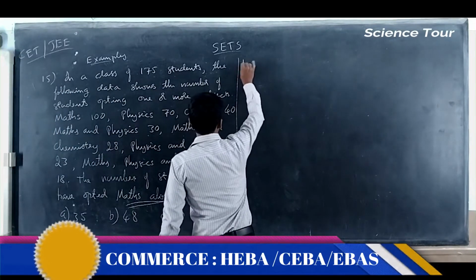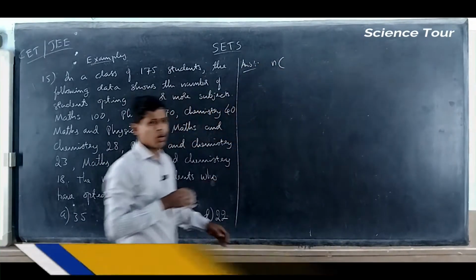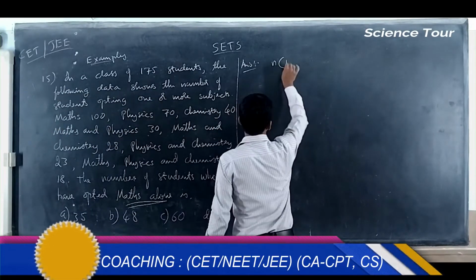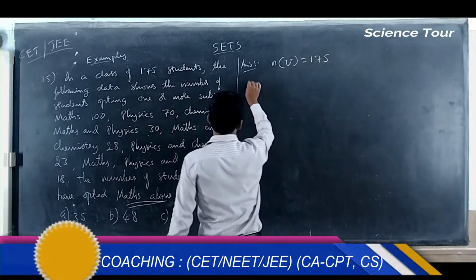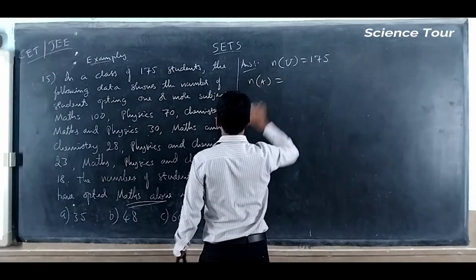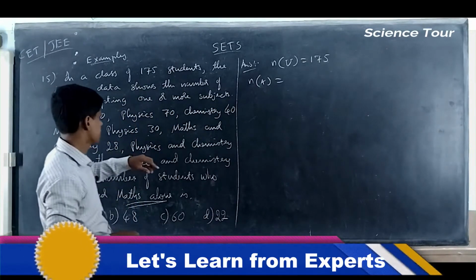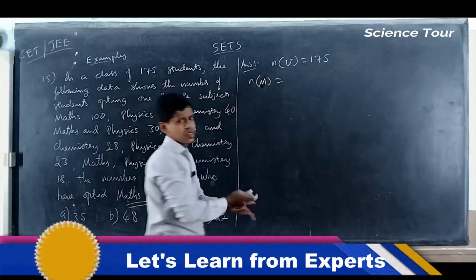So let me write the given data first. We may not need all the data, but still let me write that quickly. So n of U is 175, and then I'll take maths, physics and chemistry.